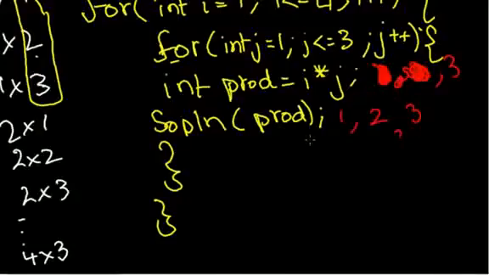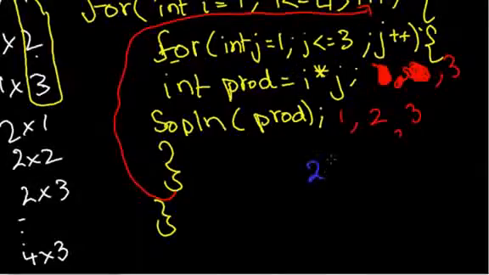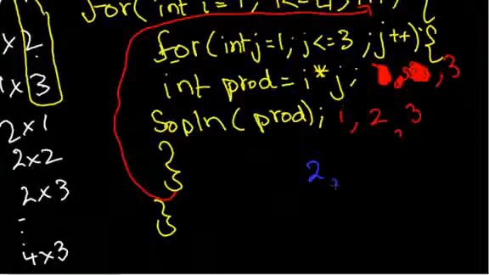So now j has gone up till 3, now it comes out of this and goes back up here and increases i, so i becomes 2, and comes back into the j loop. Now let me do this in another color. j goes from 1 to 3 again, i is 2, so 2 into 1, it'll print 2.